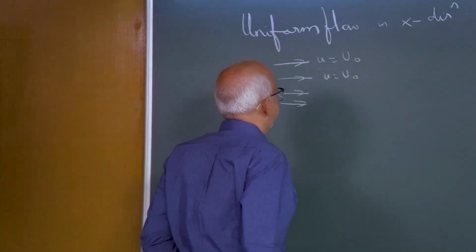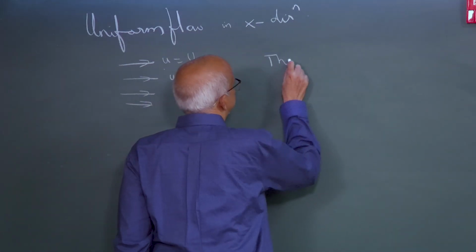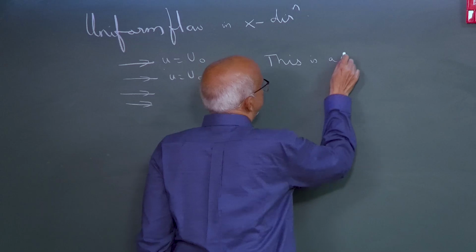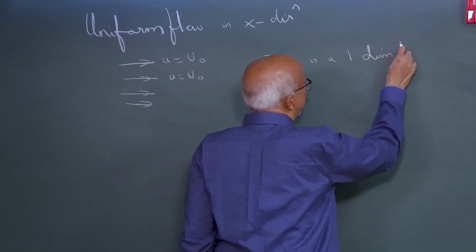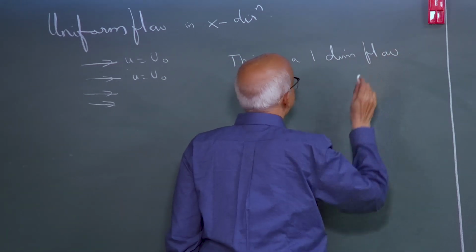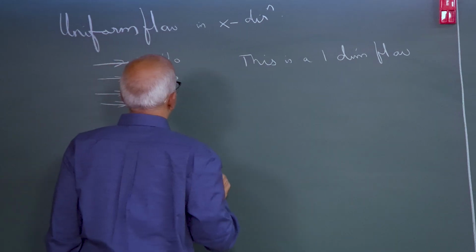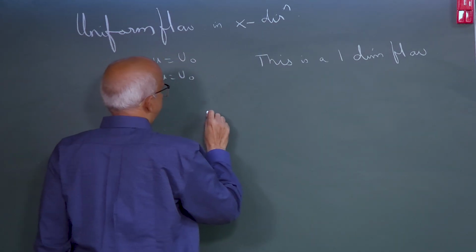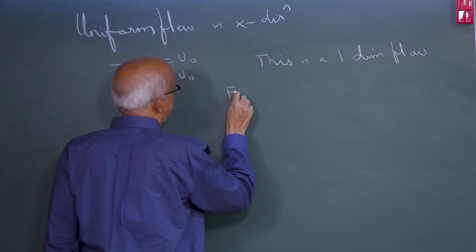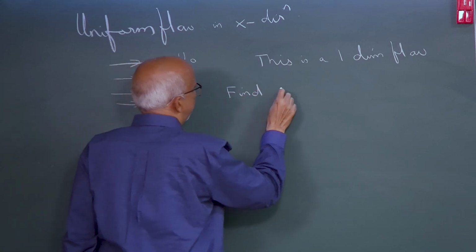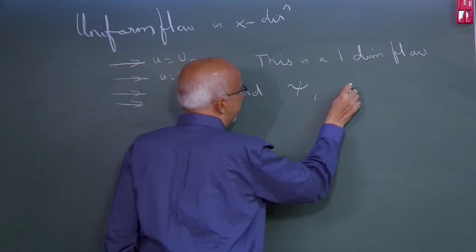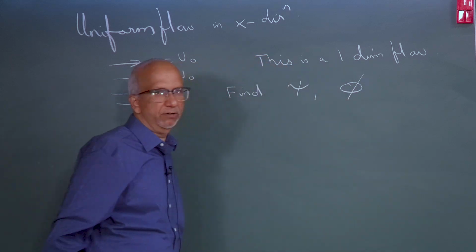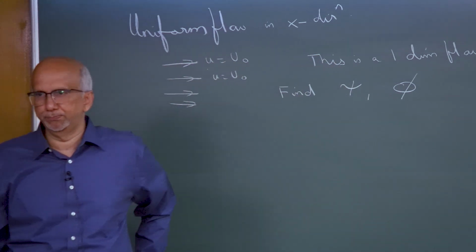So, we expect that this is a one dimensional flow, okay, and I want to calculate, find psi the stream function and phi the potential function for this problem.